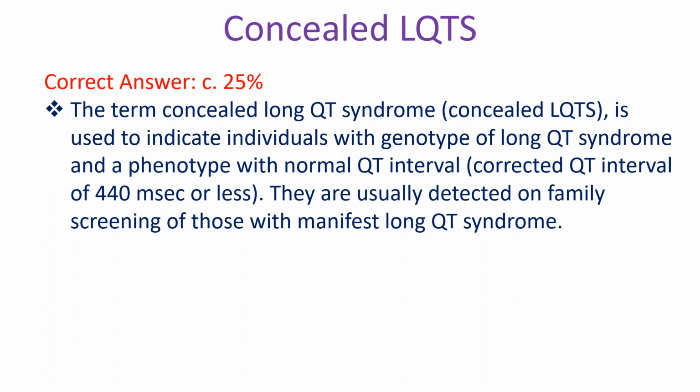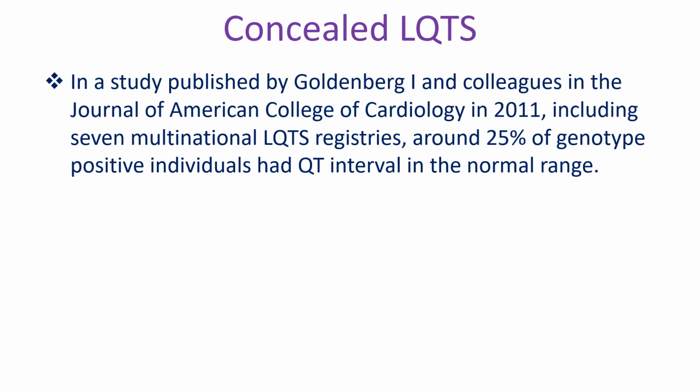They are usually detected on family screening of those with manifest long QT syndrome. In a study published by Goldenberg and colleagues in the Journal of American College of Cardiology in 2011, including 7 multinational LQTS registries, around 25% of genotype positive individuals had QT interval in the normal range.